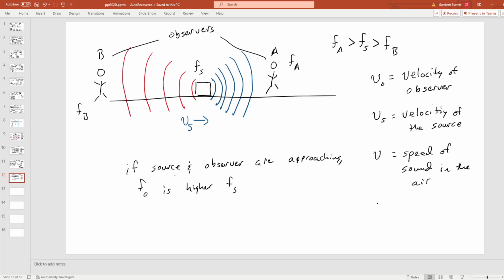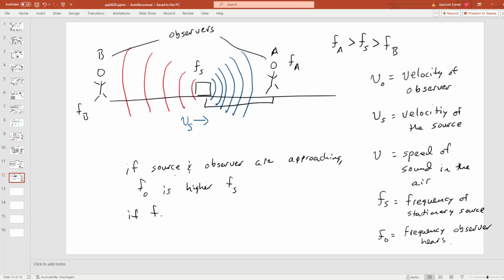Fs is the frequency of the stationary source, and Fo is the frequency the observer hears. So if they're approaching, then the frequency the observer hears is higher than the frequency of the source, and that's evident from this part of our diagram.